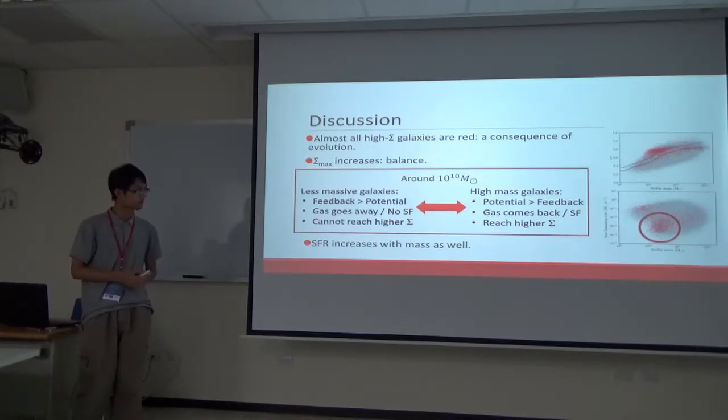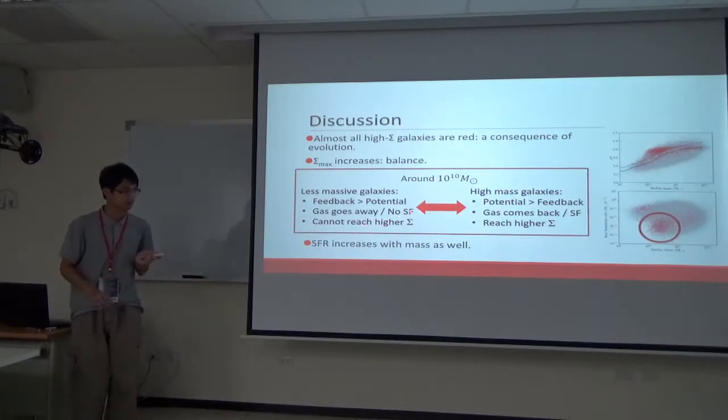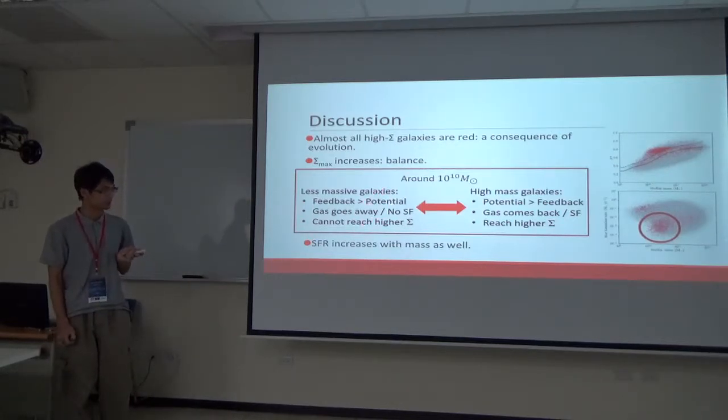For less massive galaxies, the feedback from star formation, such as supernovae, makes the gas go away, so the star formation rate is low or there is no star formation.